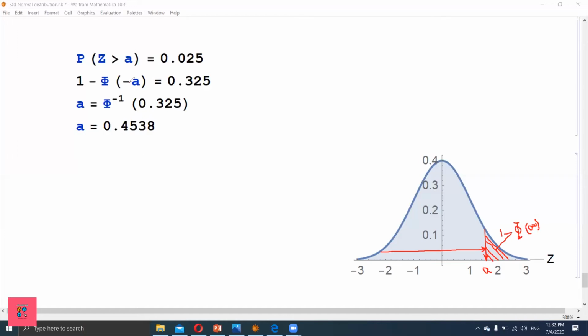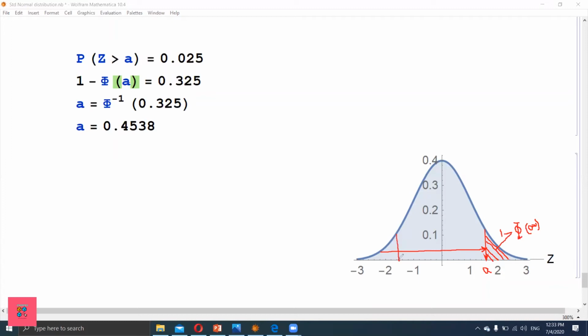So we write it here in our question: probability z greater than A is equal to 1 minus phi of A, which is equal to 0.025.